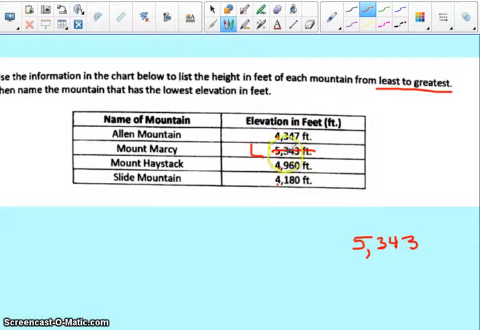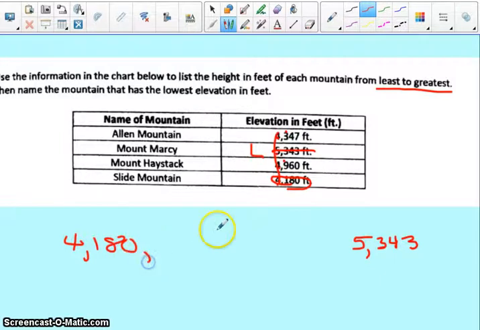So now we go to the hundreds place. We've gotten through the thousands. Let's go to the hundreds. We have 3, 9, 1. So we're looking for the least. Certainly I can tell which one is the least. This is this one, because it only has one 100, so I know 4,180 feet.